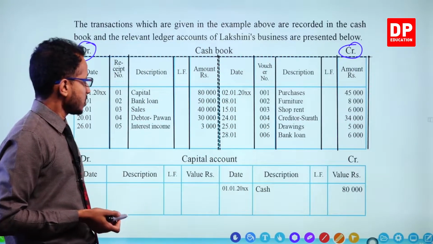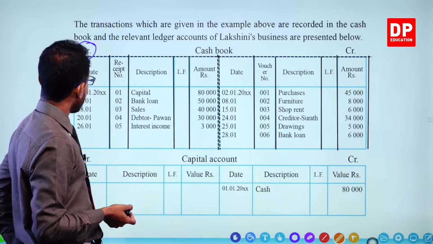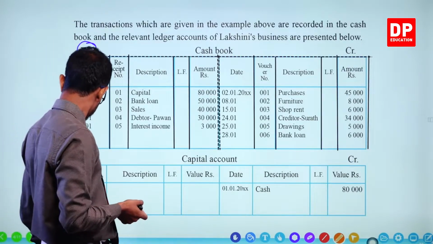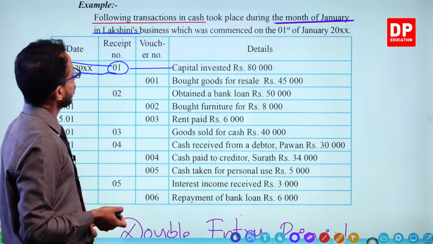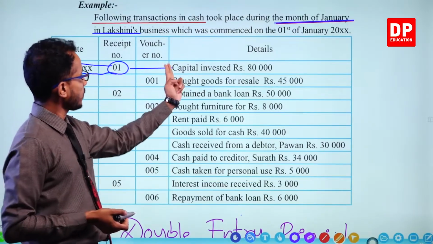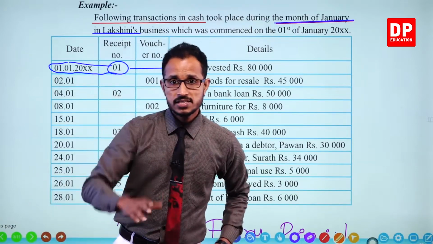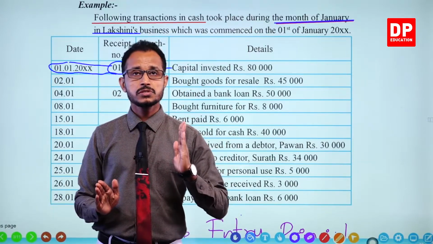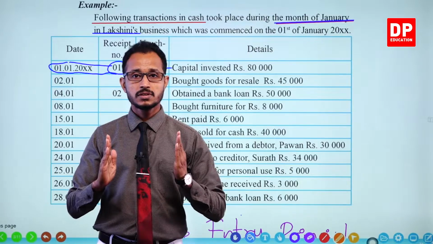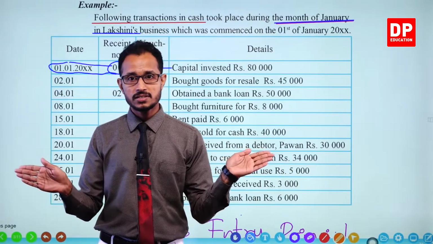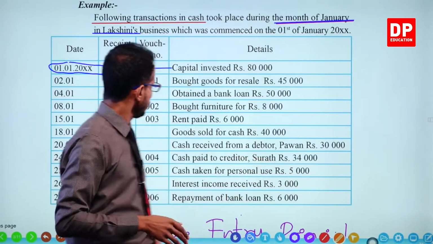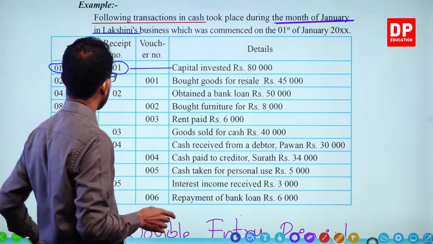All right, let's check whether that double entry is correct. Capital invested 80,000. We said the double entry is cash debit, capital credit. Let's see.